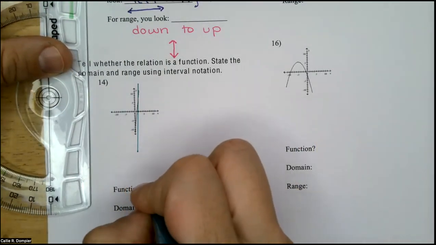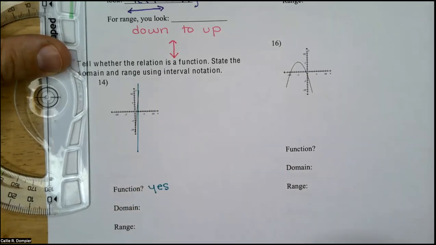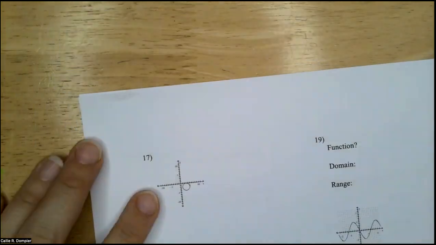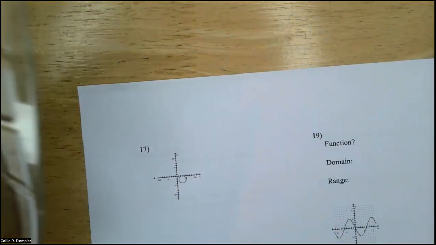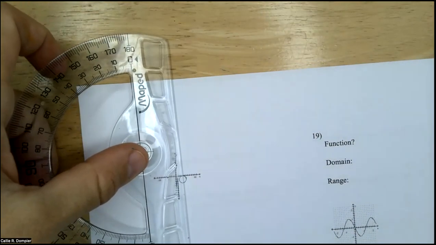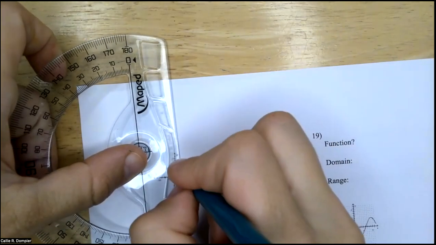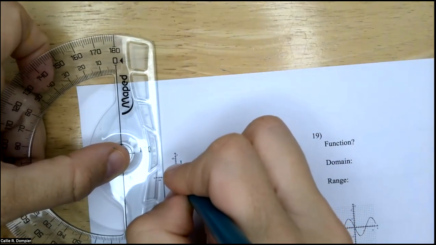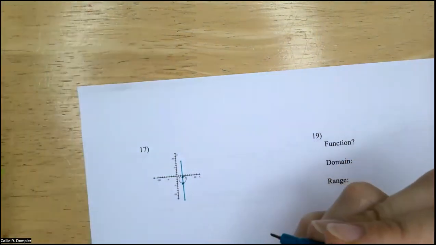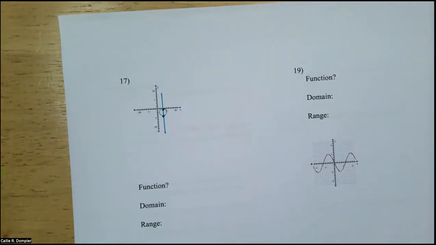So is this a function? Yes. Okay. Just to compare, a circle is not a function because if I pass the vertical line test, there are many, many places where it touches the graph 2 times, okay?